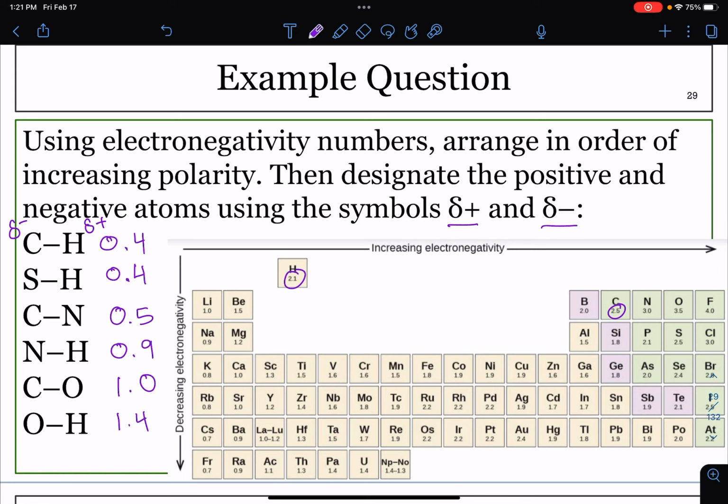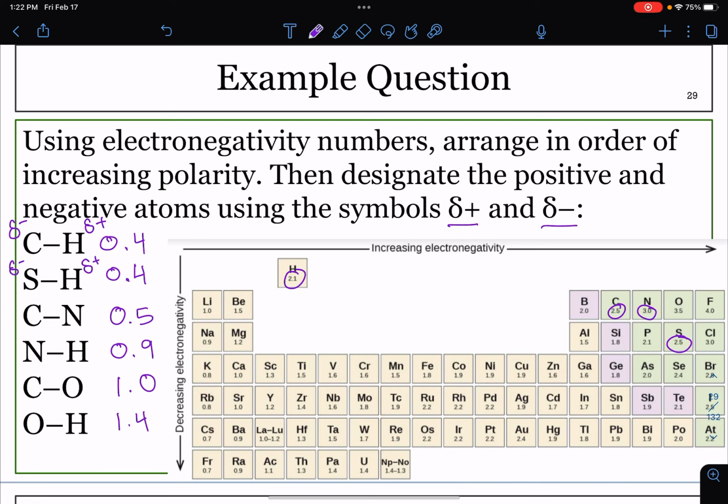This means that the electrons hang around carbon more than they do hydrogen. Even though this number is still very, very low at 0.4, there is still a slightly uneven sharing between these two. Sulfur is also 2.5, so it is the partial negative atom, and hydrogen is the partial positive.